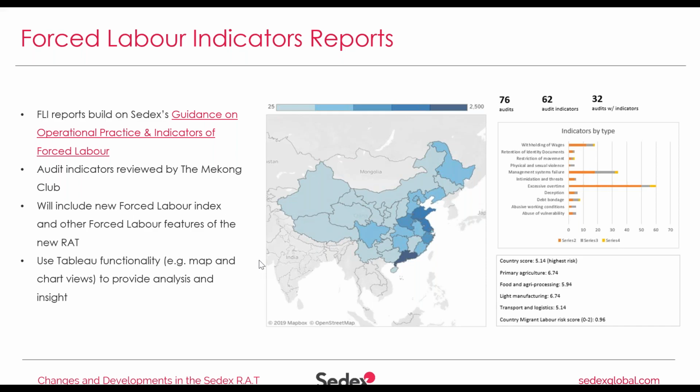And we'll also be making use of some of the developments that we've completed for this risk assessment tool, including the creation of a forced labour index that we've had specially commissioned as part of this project.